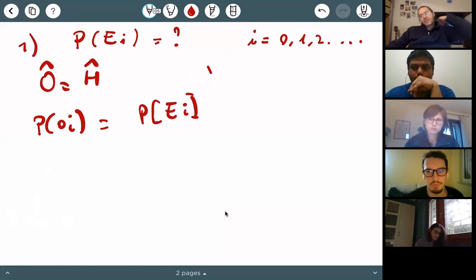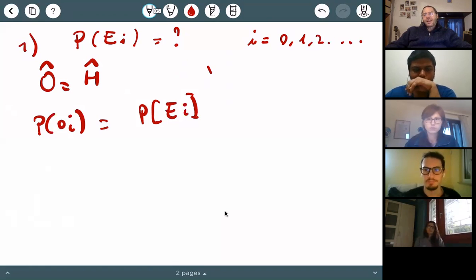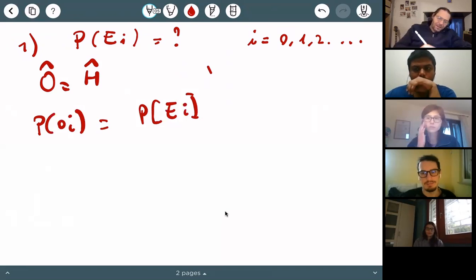Right, the Hamiltonian of the quantum harmonic oscillator. Okay? So, are you sure? Because if that was the case, maybe the answer would be that the only outcome would be the ground state of the Hamiltonian.